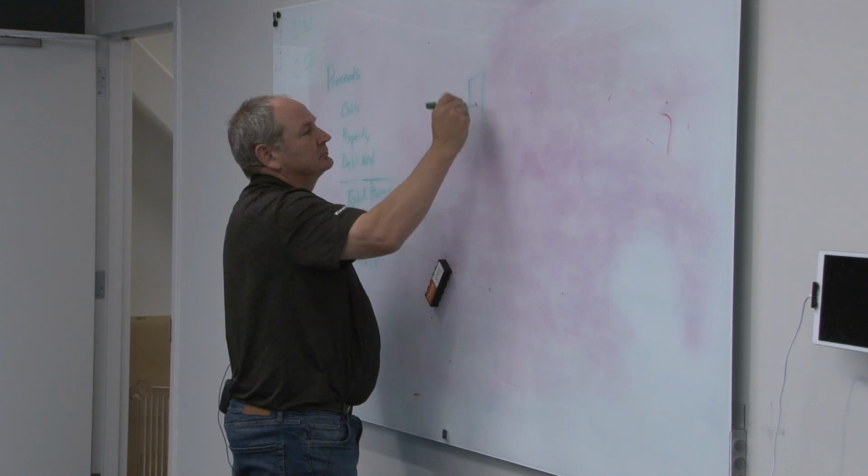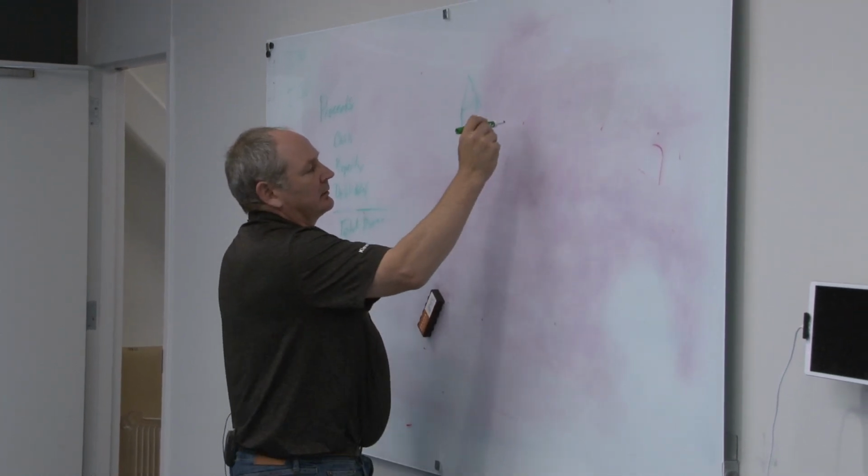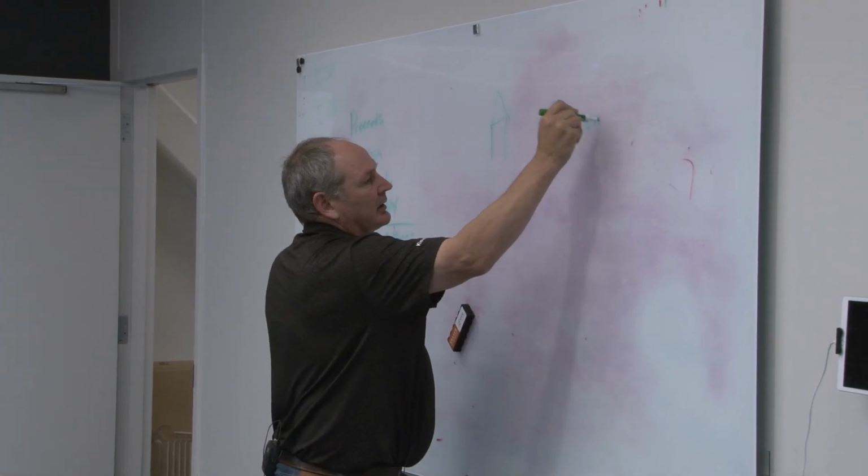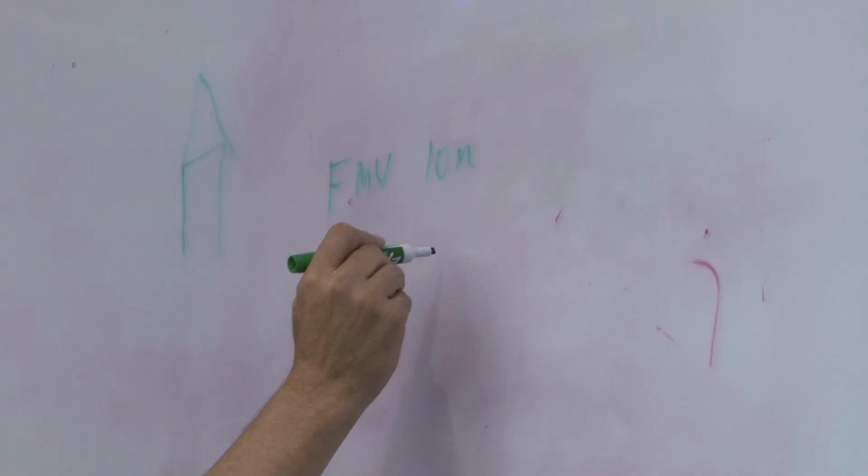Okay, and where I think this becomes difficult, let me ask a question. I have a building and it has a fair market value of $10 million and a basis of $1 million. Natalie, what's my inherent gain sitting in that building? 9 million.